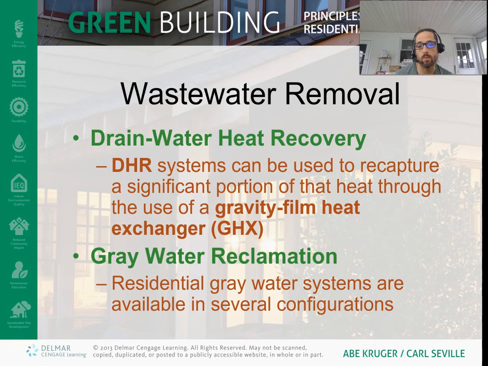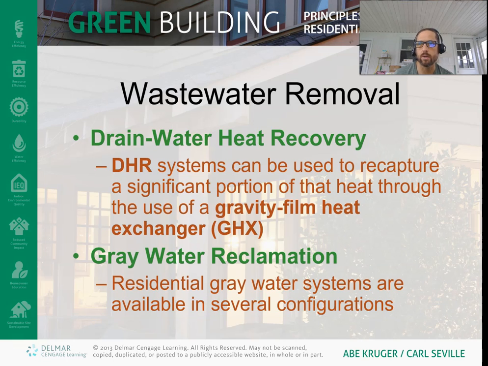You'll learn about gray water reclamation. So instead of sending your water out to the sewer system, or sending it out to a septic tank, or whatever your water treatment facility is, certain types of water that you use in your house are clean enough that you can reuse it on site, most commonly for irrigation, but you can also reuse it for flushing toilets and so forth.